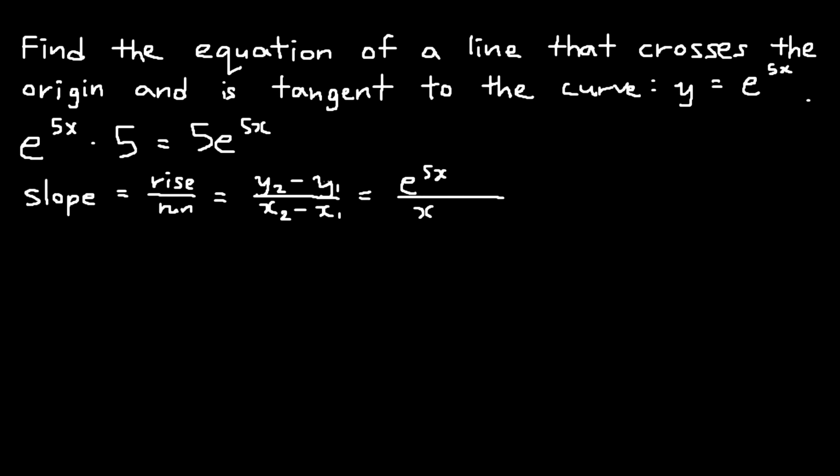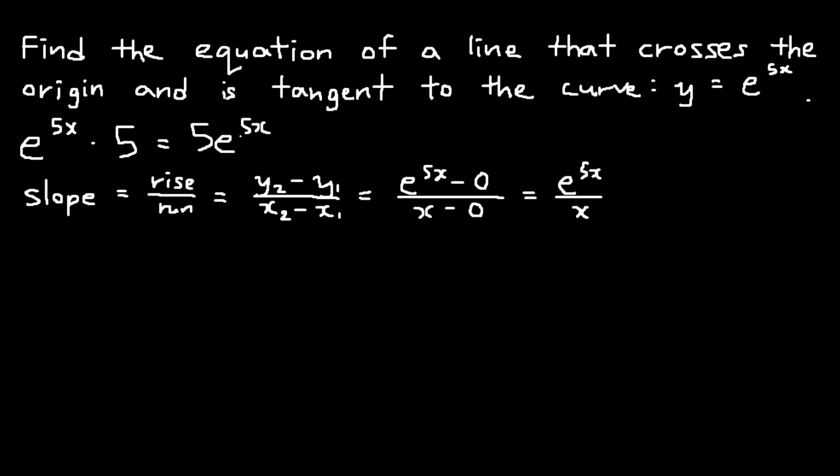Okay? Now what's y1 and x1? Well, this line crosses the origin, so we can say that y1 and x1 are just 0, because the origin is at 0, 0. So we know that e to the 5x over x is the slope.